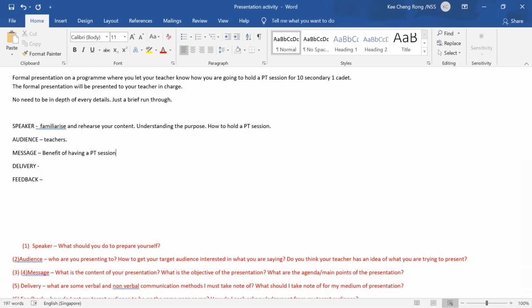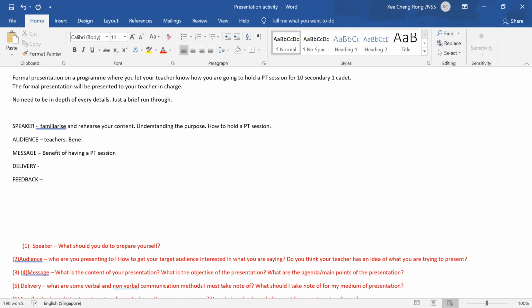But okay, actually, let me rephrase what I'm trying to say. Actually, I think that would interest the teachers. Understand. That's actually very true. Okay. Sorry, I did not form my guiding questions correctly. What you're saying is true. Benefits of having PT session. However, just to let you guys know in general, all these should be included inside the message, the content, the benefits of having PT session.